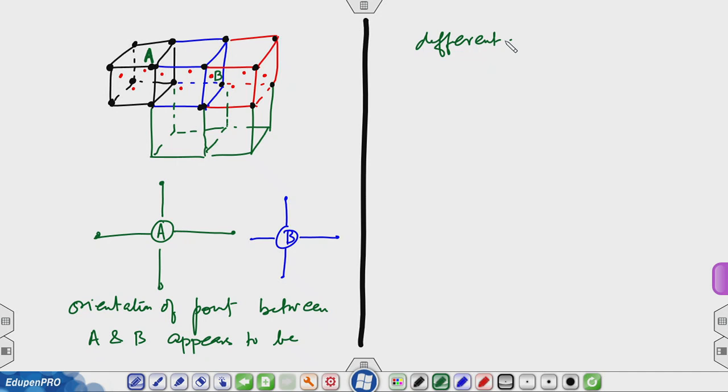On B you also have a horizontal diagonal, which does not appear to be on A. Because on B I have these points on the horizontal diagonals also, which is not the case with A. So, that is why they are looking different, and so I conclude that this is not a Bravais lattice.